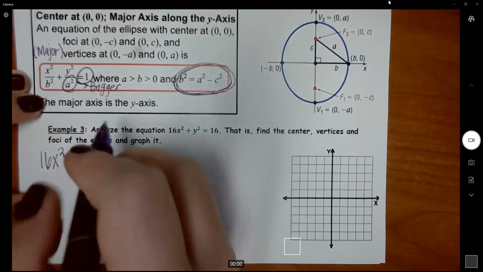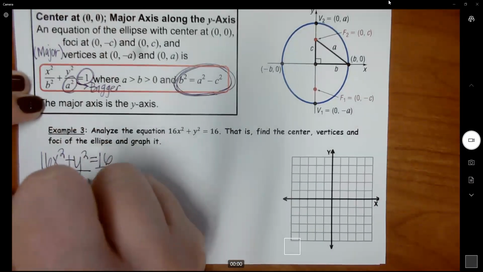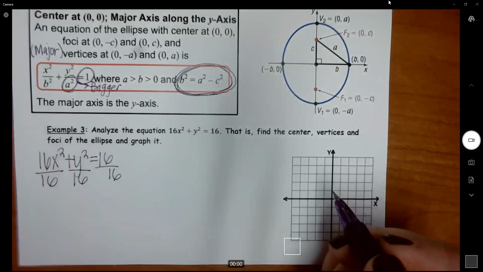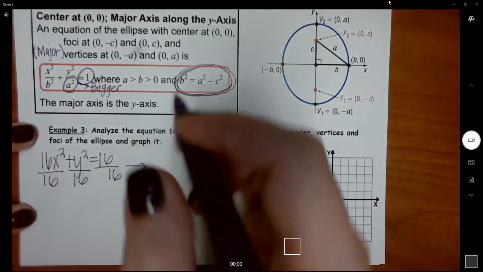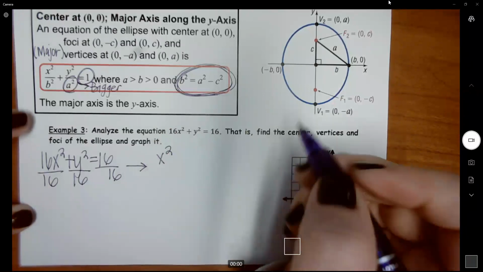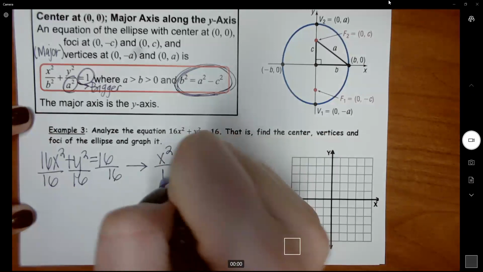To get this to equal 1, I need to divide everything by 16. So 16 divided by 16 is 1. You can just leave this as x squared, but so that I can see my b squared, I'm going to put this over 1.